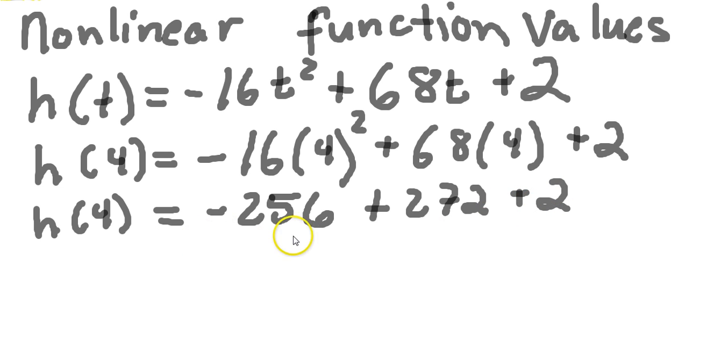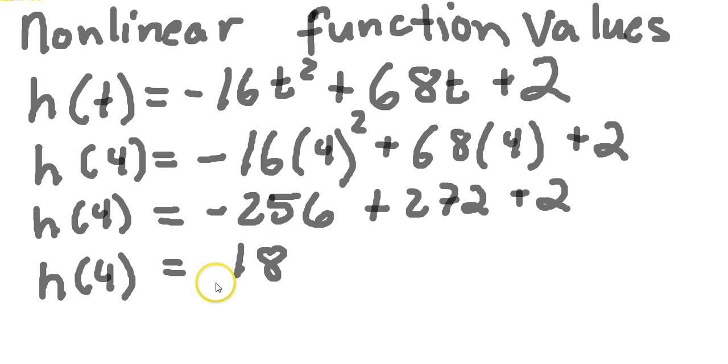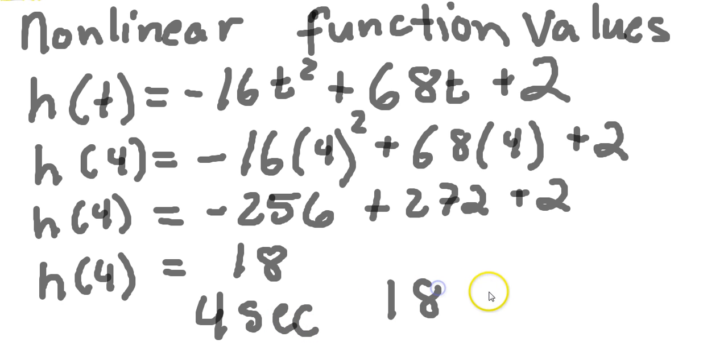So h of 4 equals -256 plus 272 plus 2. So on the left we have h of 4 equals 18. After we add all those three numbers up, what we get is 18. So what this tells us is that at 4 seconds, the football is 18 feet in the air. We could plot this on the graph and just watch the trajectory of the football as it sails through the air.